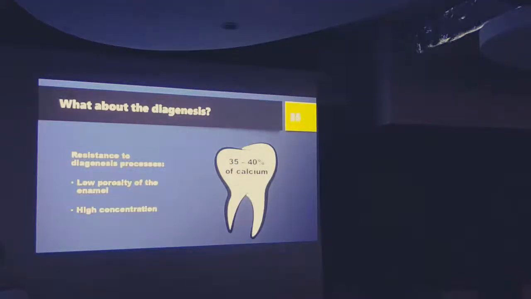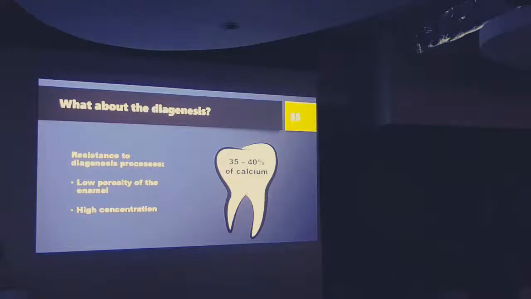Hopefully, here we chose to work on fossil enamel, which is a material with really low porosity. Due to this low porosity, this tissue is really unlikely to be altered through diagenesis.